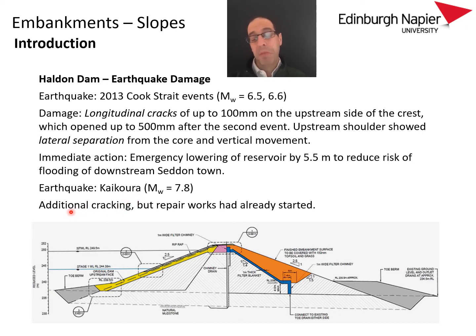It experienced additional cracking, but repair works had already started, and that reduced the significance of the damage quite a lot. And of course, there was no flooding downstream because of the precautions taken after the first two events.